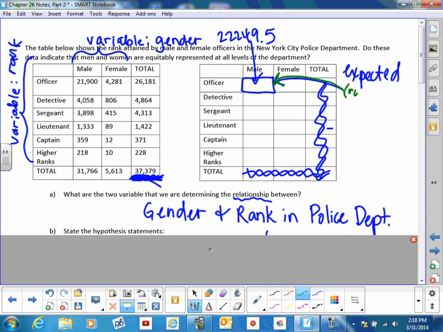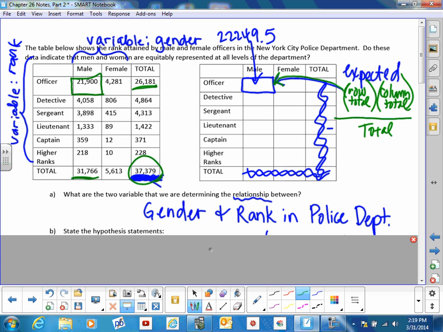You take the row total for that cell. You multiply it by the column total for that cell. And then when you are done, you divide by the entire total of all the data. So in other words, if I am interested in getting the expected for male officers, I'm going to do this: 26,181, that's the row total, times 31,766, that's the column total, and then divide that result by 37,379.